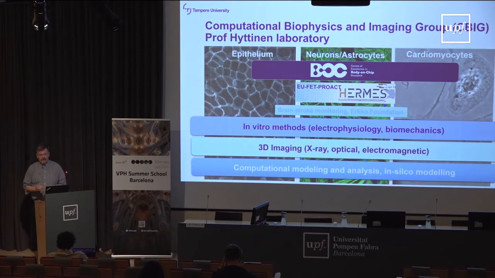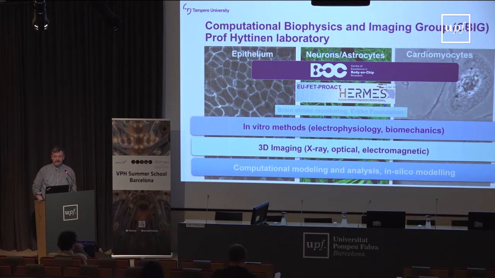Just a couple of words to give you background on what my group is doing and where I belong. I have this group of computational biophysics and imaging. As the name says, we do quite a lot of computation: biophysical modeling of cells and also three-dimensional imaging, so quite a lot of all kinds of tomographies.